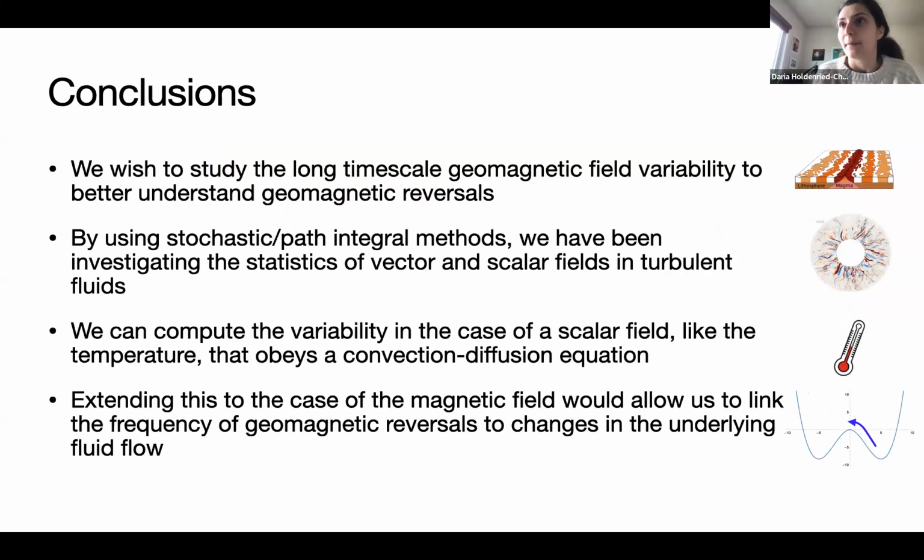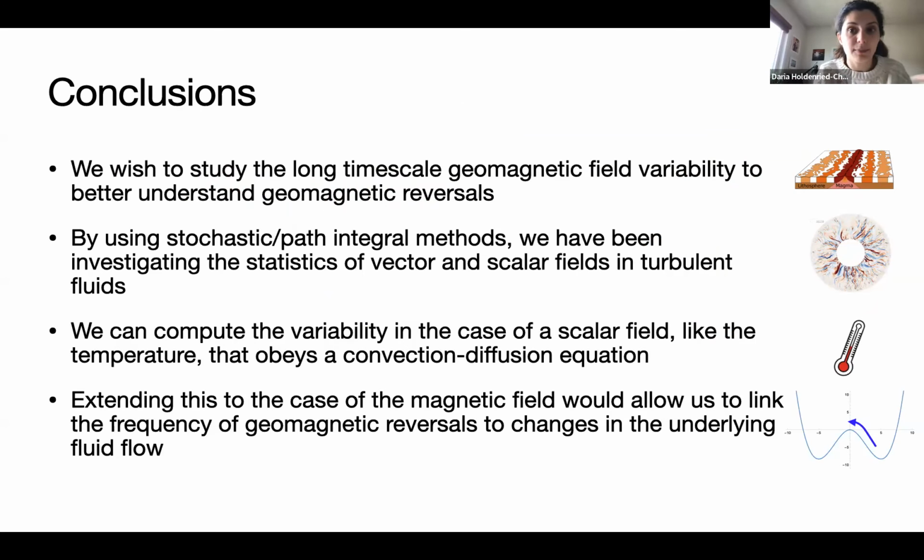So in conclusion, what we've been trying to do is to study these long time scale behaviors, especially reversals, from the context of the induction equation, and hopefully in the future also involving the Navier-Stokes. And we've been using these stochastic methods and investigating the statistics of both vector and scalar fields in turbulent fluids.